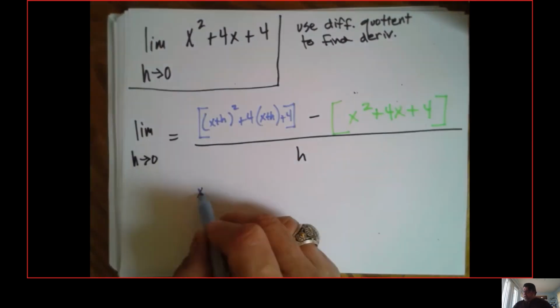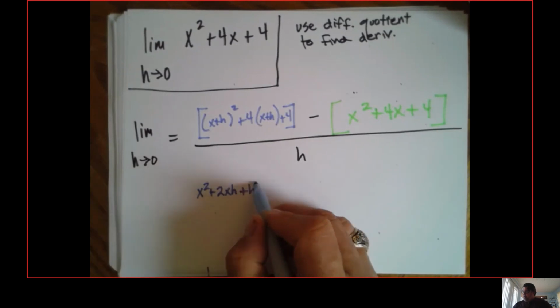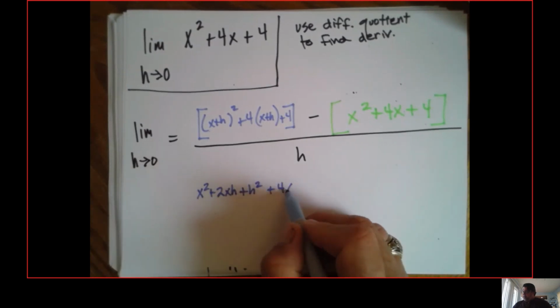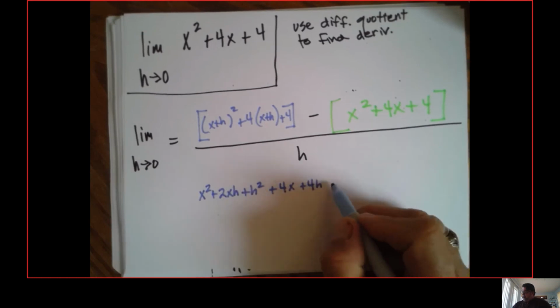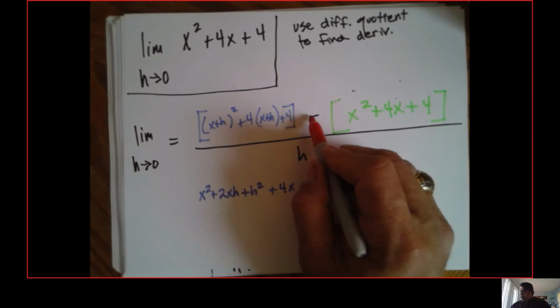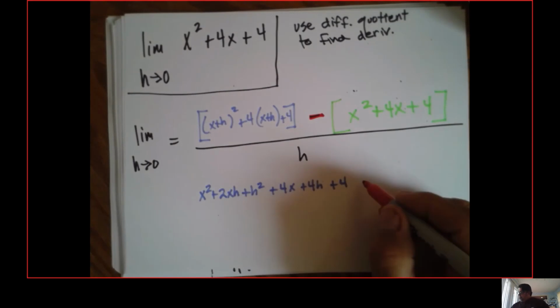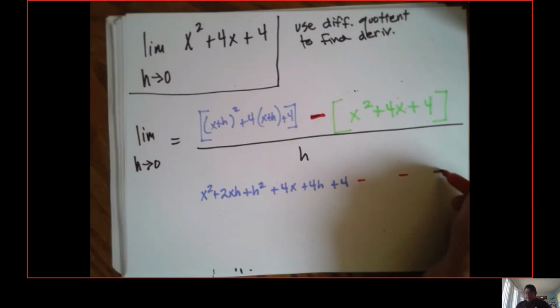So that's going to be x squared plus 2xh plus h squared plus 4x plus 4h plus 4 minus, remember that minus, it'll get you. Let's paint that minus red because it will get you. We're going to put a minus here and a minus here and a minus here.